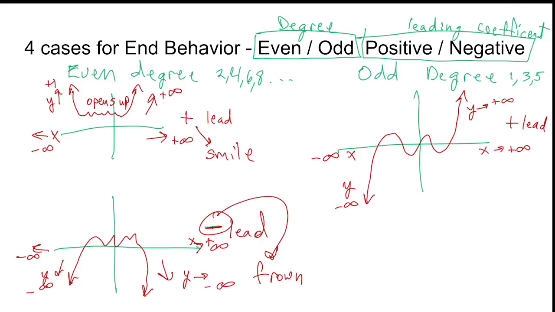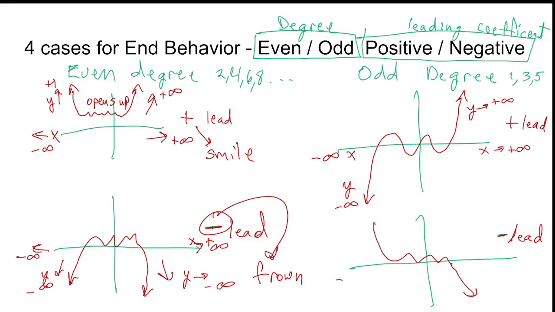When we have a negative leading coefficient and an odd degree, so let's switch back here, negative lead, then we get the opposite. So it's a reflection around the x-axis. And again, we could get as many humps in there as there are degrees. You'll see if it's just a third degree, there's just sort of an S-curve through there.